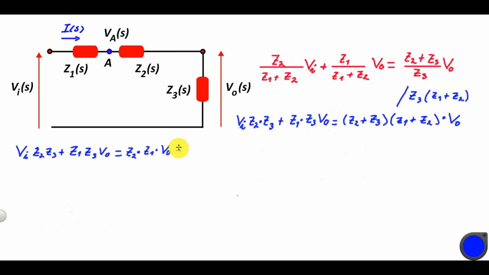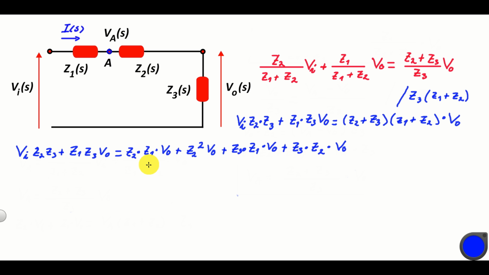Then we will have plus Z2 multiplying Z2, which gives us Z2 squared, multiplying VO. Then we will have Z3 multiplying Z1 multiplying VO. Then we will have Z3 multiplying Z2, then multiplying VO.